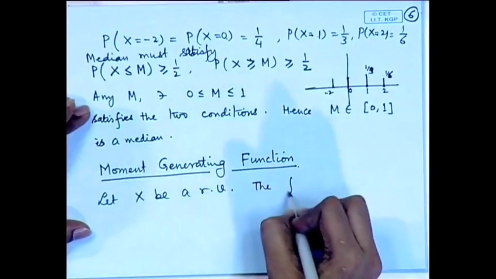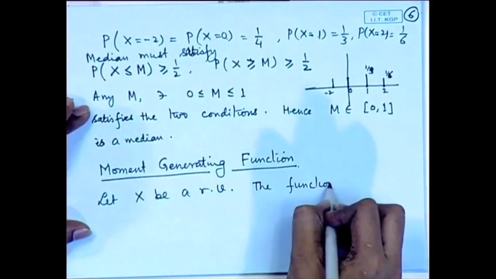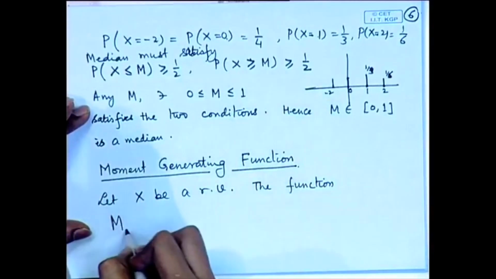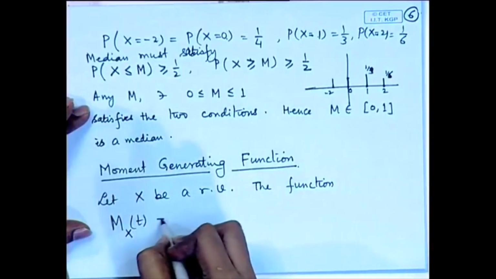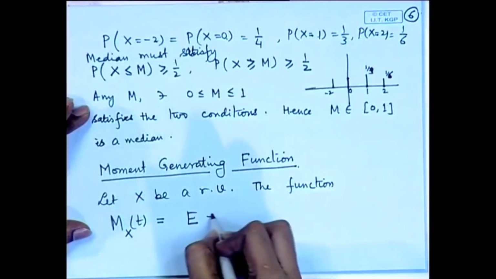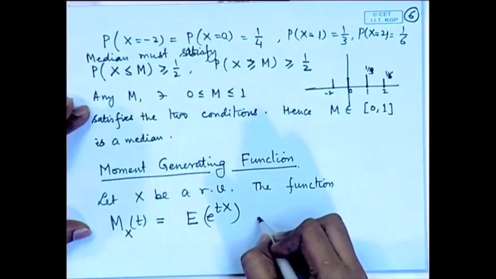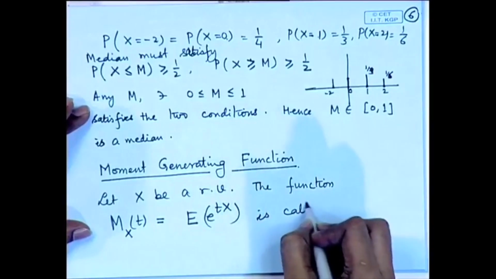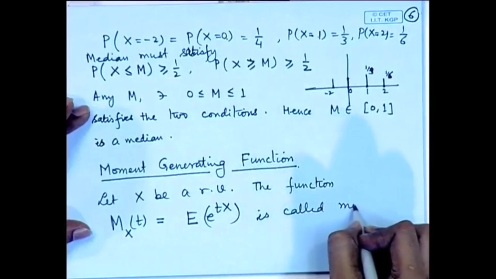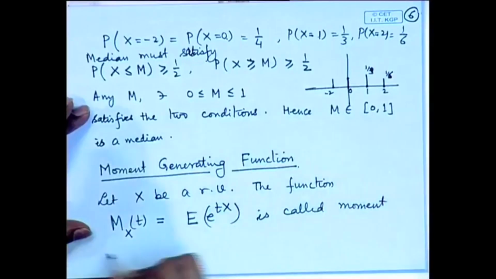The function M_X at t, defined to be the expectation of e to the power tX, is called the moment generating function.